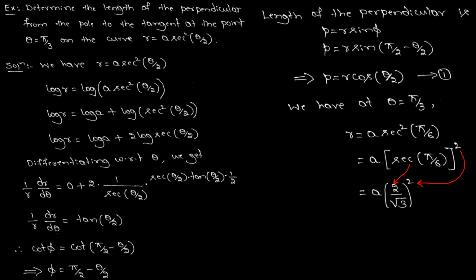If we simplify further by squaring, we get a into 4 by 3. We got the value of r as 4a by 3. This is the value of r which has to be put in this place to find the value of P.